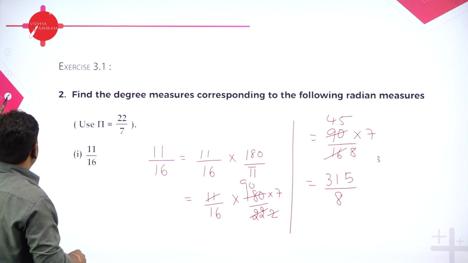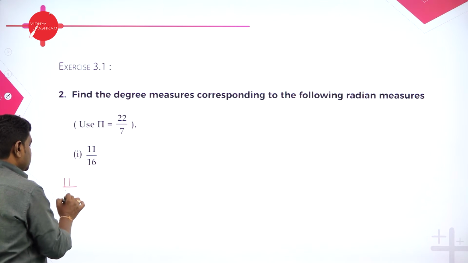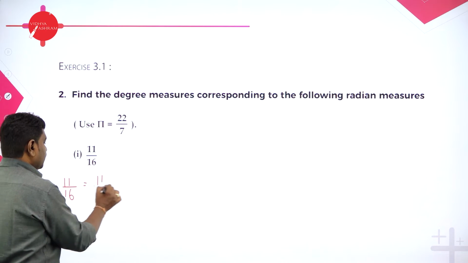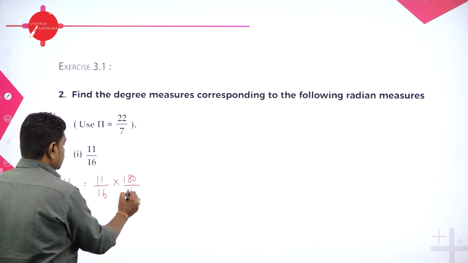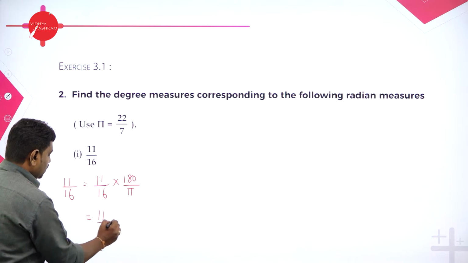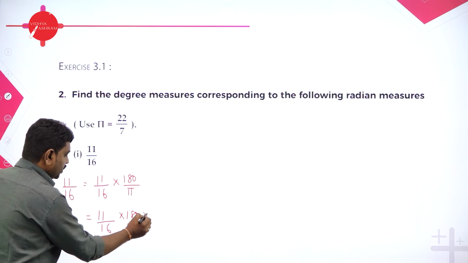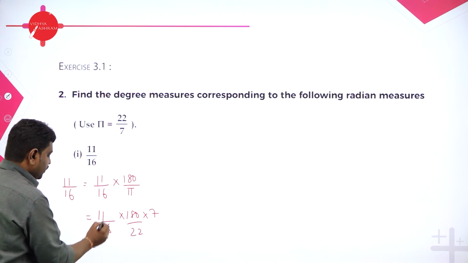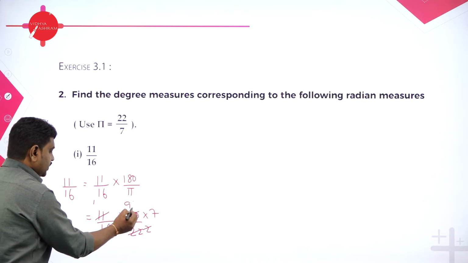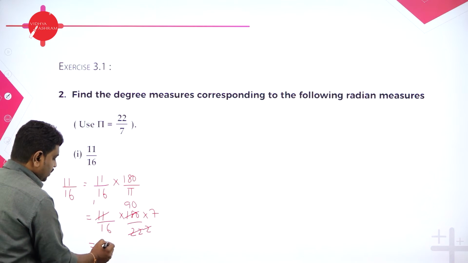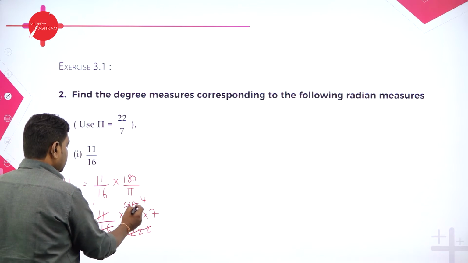Just I'll compress this. If I compress this, simple, 11 by 16 is equal to 11 by 16 into 180 divided by pi. And they mentioned take pi as what? They told you should take pi as 22 by 7, 22 and 7 I'll take. And 11 ones are 11, 11 twos are 22, 2 ones are 2, 2 90s are 180, and further 2 8s are 16, and 2 4s are 8, 2 5s are 10.